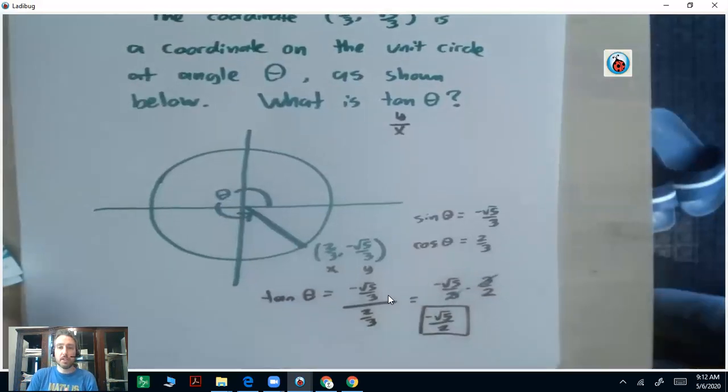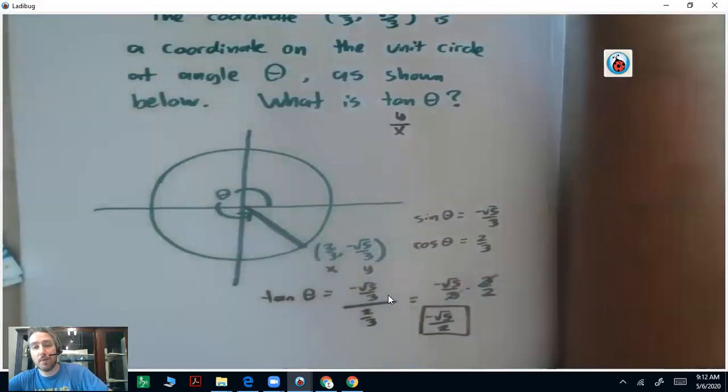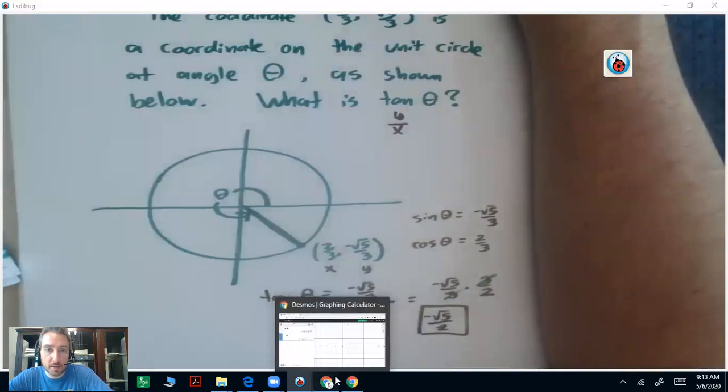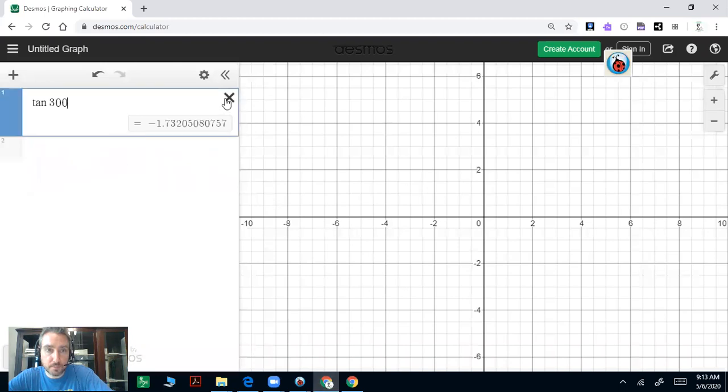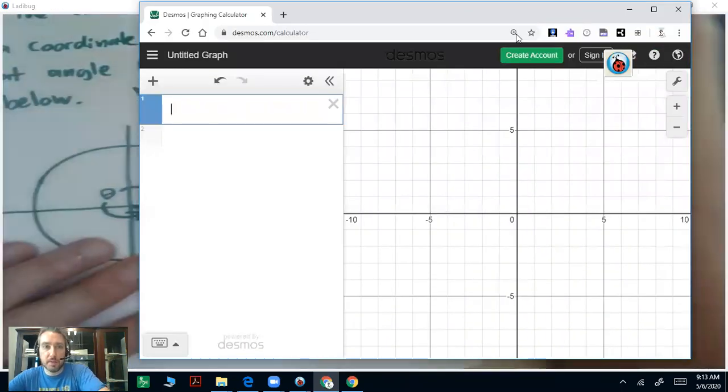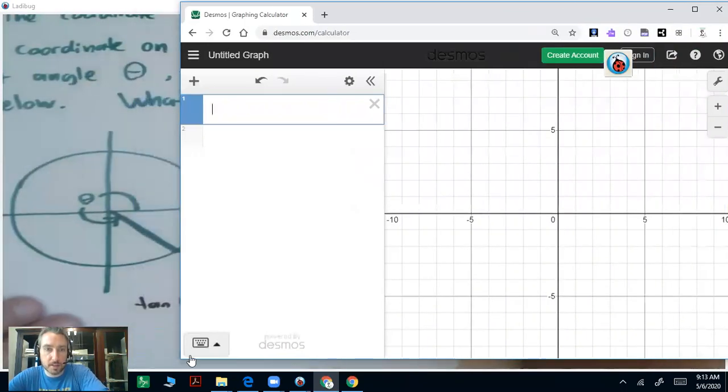Now, I don't have an angle to check that with, but I want to show you something here. You can see that angle is in quadrant 4, and it's somewhere between 270 and 360. So if I actually want to know what that angle is, let me show you my two screens. This is kind of cool.